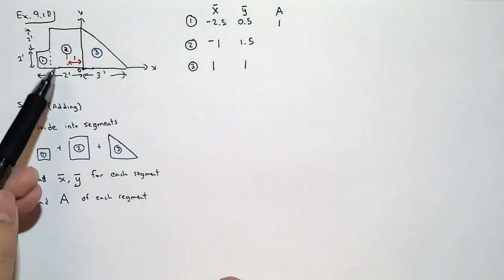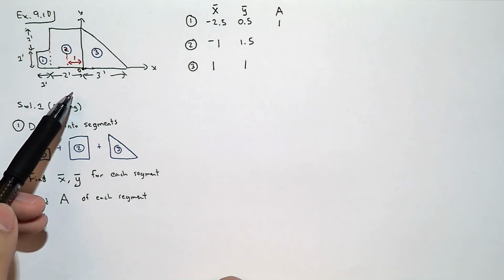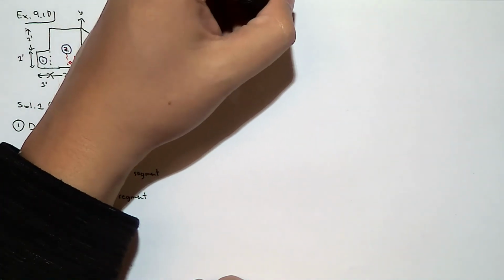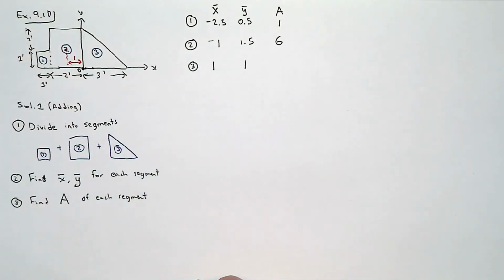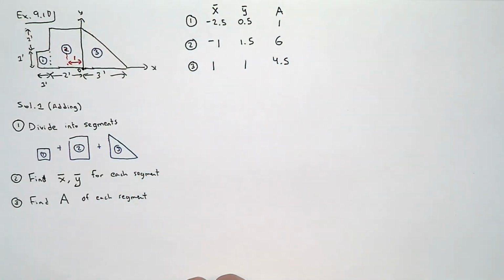For segment number 2? 6. And segment number 3? Good. So we found the centroid as well as the area of each of our elements.